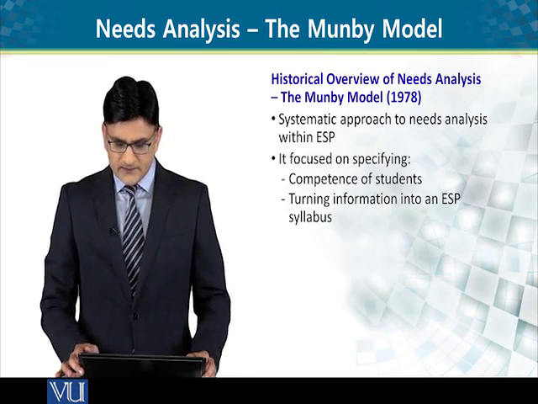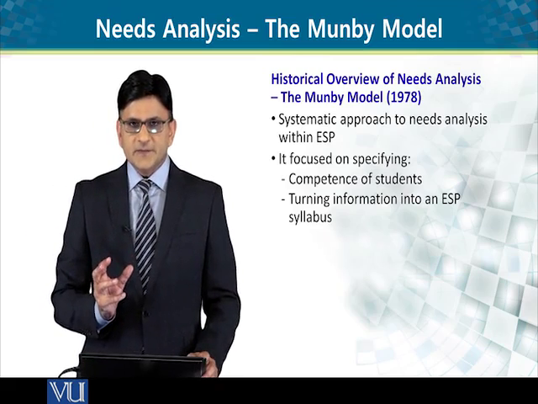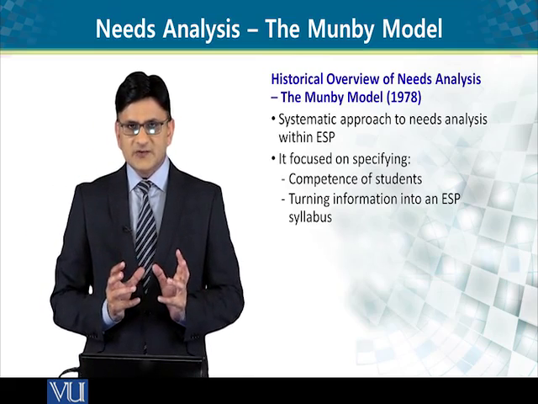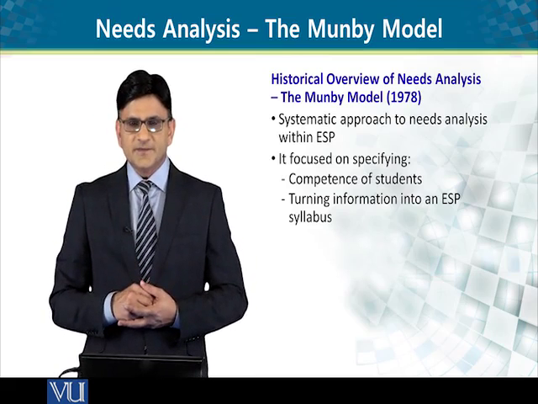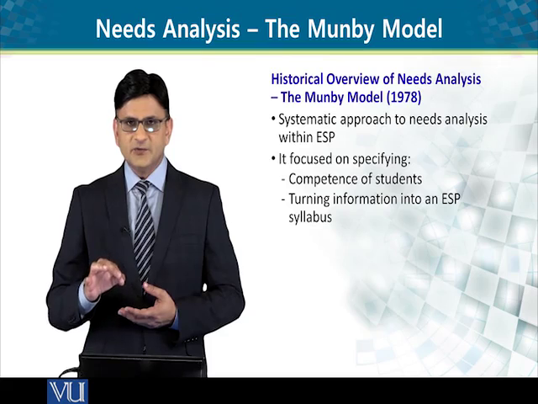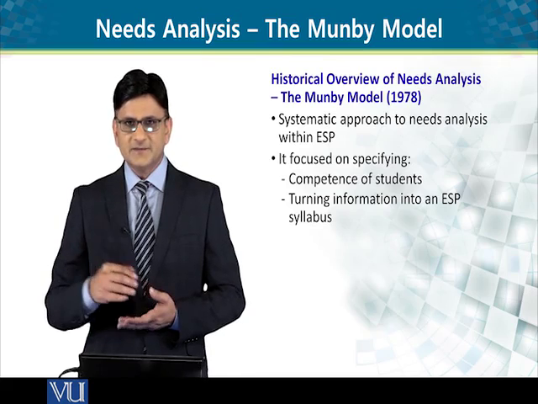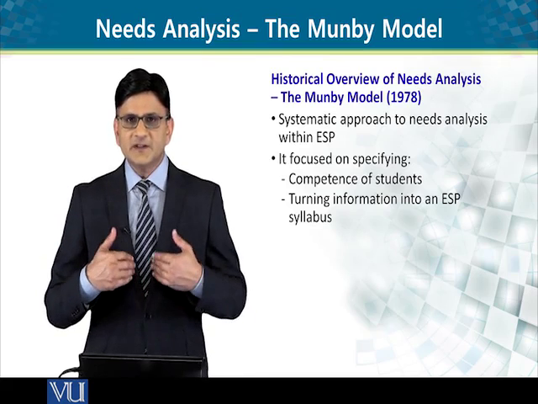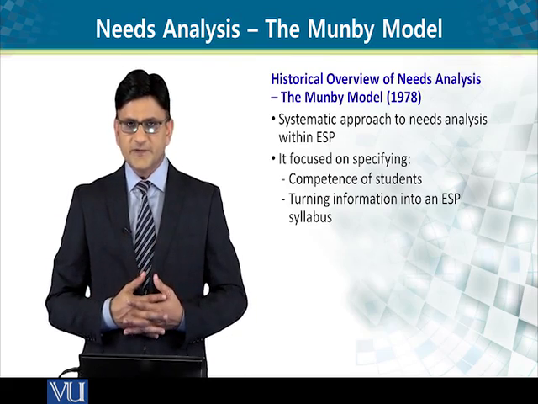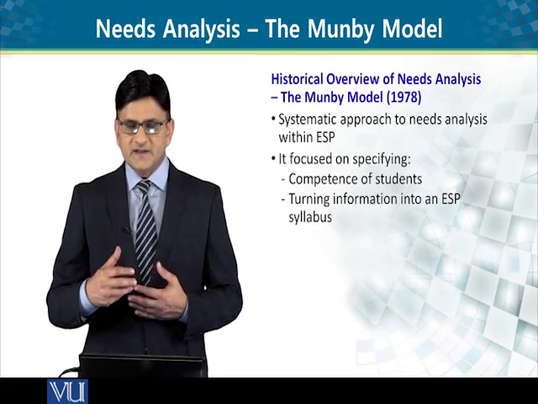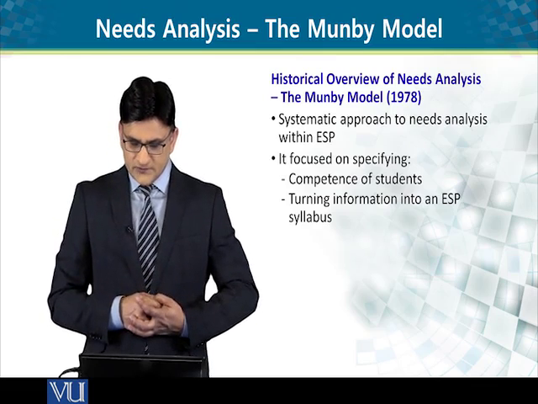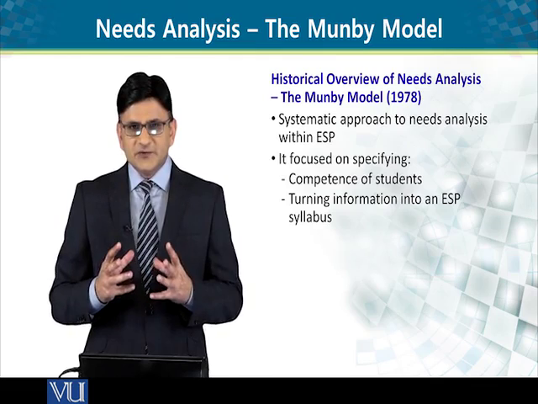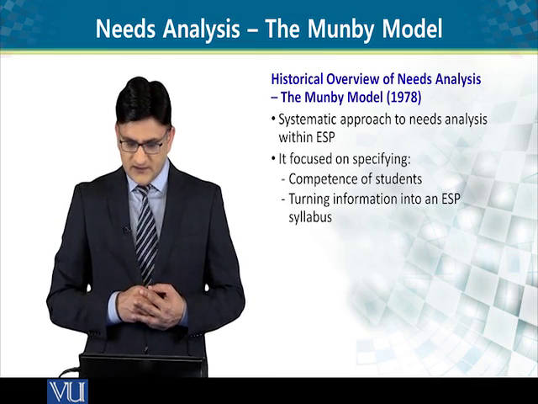For example, the Munby model clarified what sort of competence the students have already who want to learn English for specific purposes, and how their skills or their proficiency level can be made adequate. So we do need this sort of information, right?